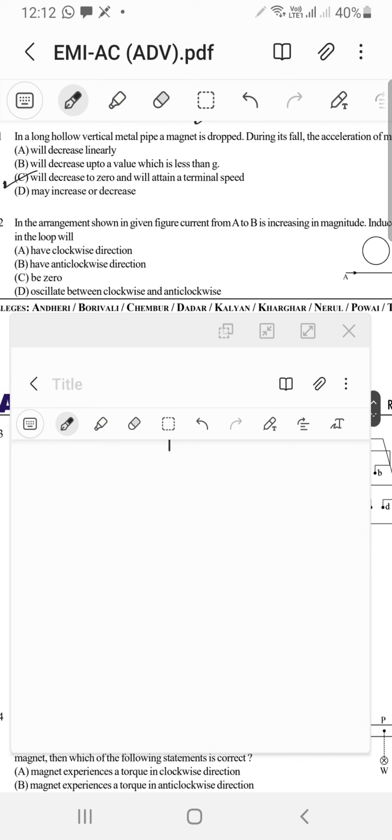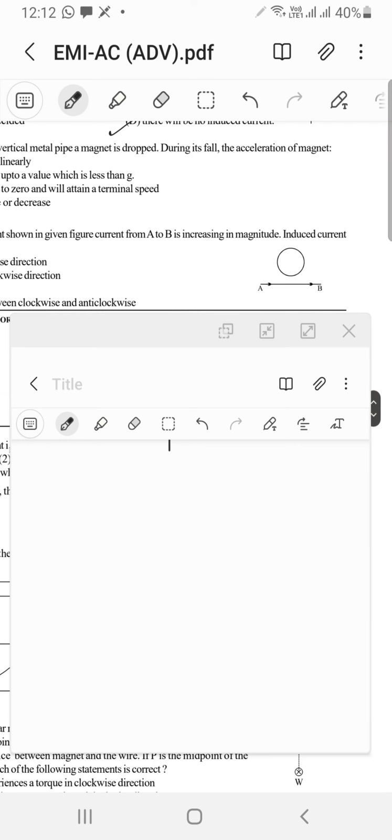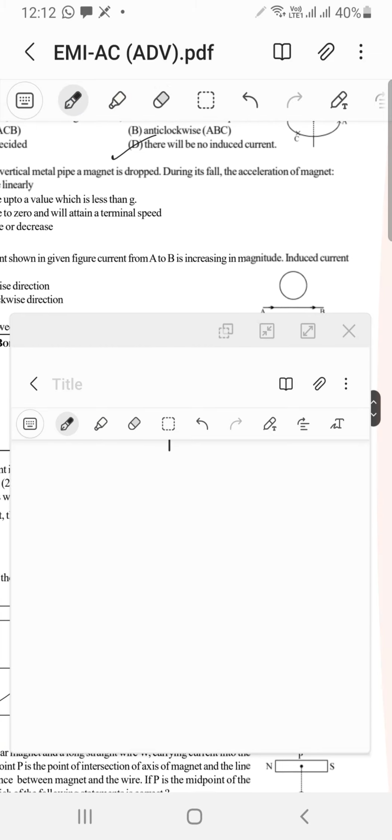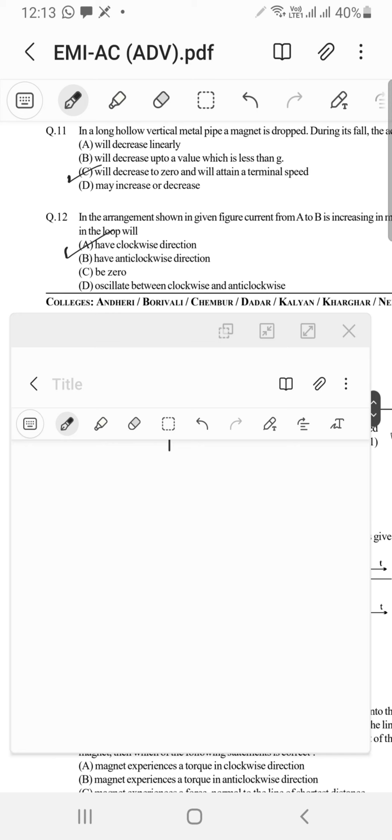So that should make sense. In the right hand rule we know that field lines are coming out of this thing, so it will try to oppose that and create a north pole inside of the plane. For that, once again using the right hand rule, it has to go like this. That's how the current should be, so it will be clockwise. So the current in the loop will have clockwise direction. Not that bad, right?